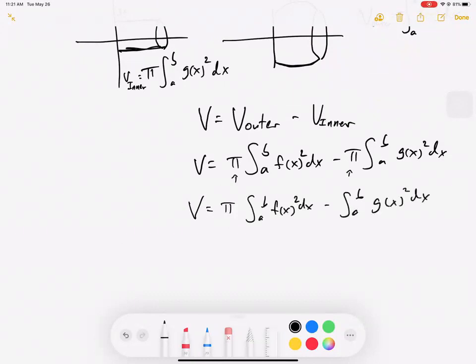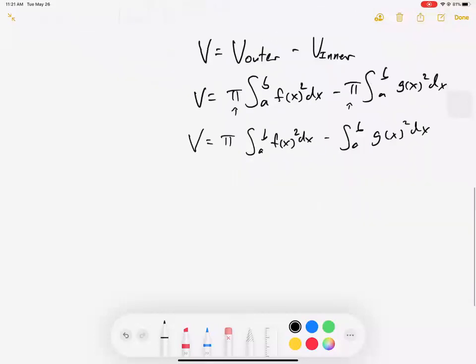Now, one of our rules for integration is that I can combine if they have the same interval. So they both go from a to b. So I'm going to combine this, make this look a little prettier, like in your book. And I'm going to write them together as f of x squared minus g of x squared.